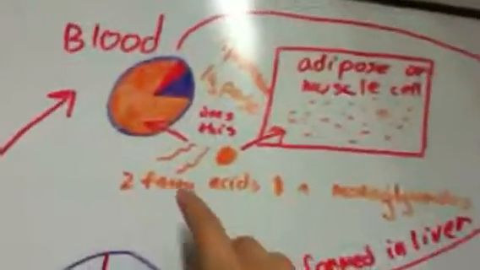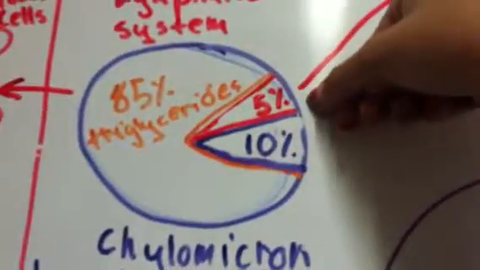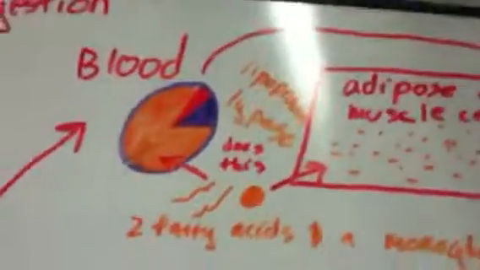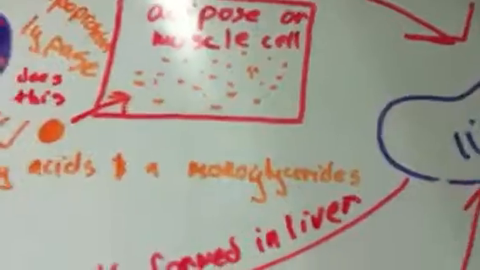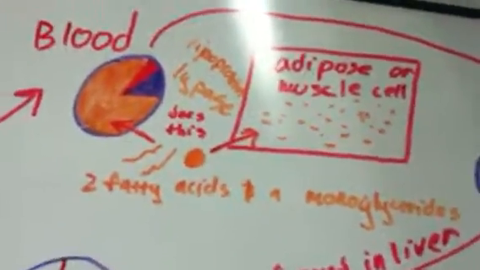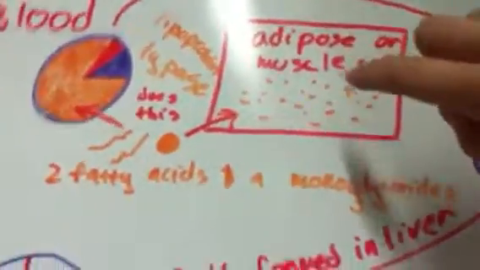And then in the blood, this chylomicron is made up of 85% triglycerides, only 5% cholesterol, and 10% proteins and phospholipids, which is that shell. And then this chylomicron's going through our blood, and when it meets a cell, either an adipose cell or a muscle cell, that's going to store or use the triglycerides, there's an enzyme called lipoprotein lipase that just kind of hangs out outside these adipose cells.